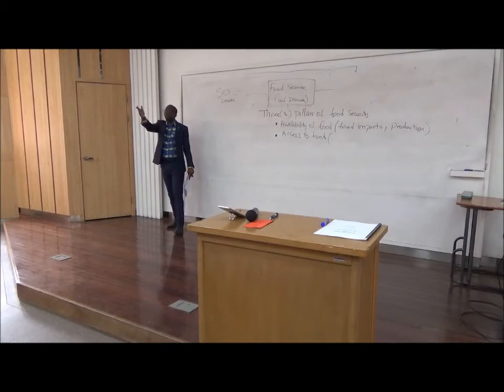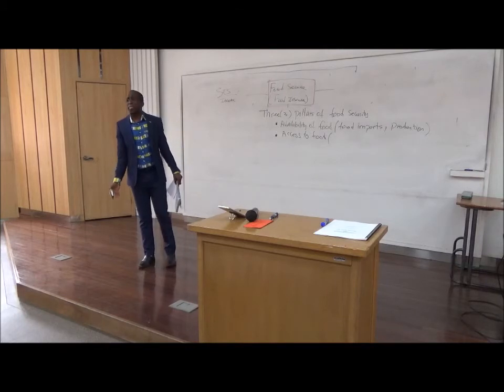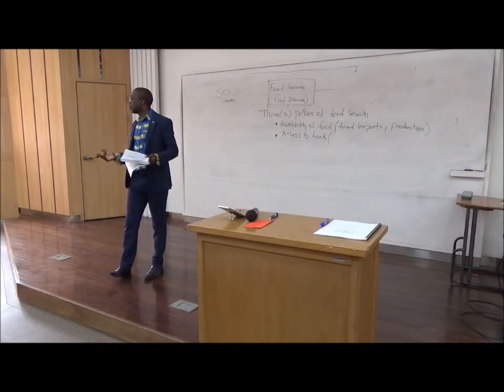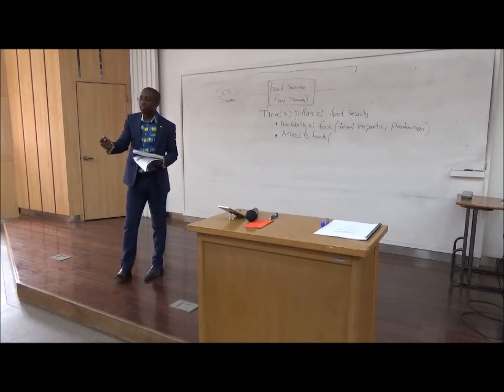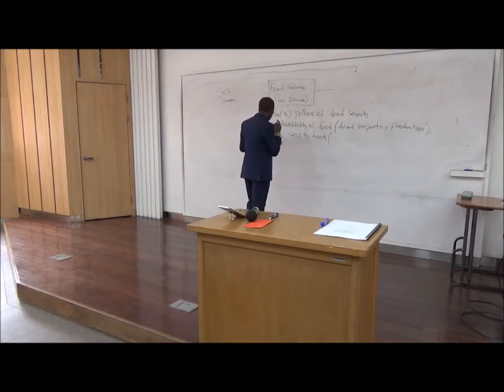You know, most of you guys are eating, you're drinking and stuff like that, right? It was not free. You did not just go there and they gave it to you free, right? So you have to give money for it. Okay? So access to food requires what? It requires money. And the last one, utilization of food.